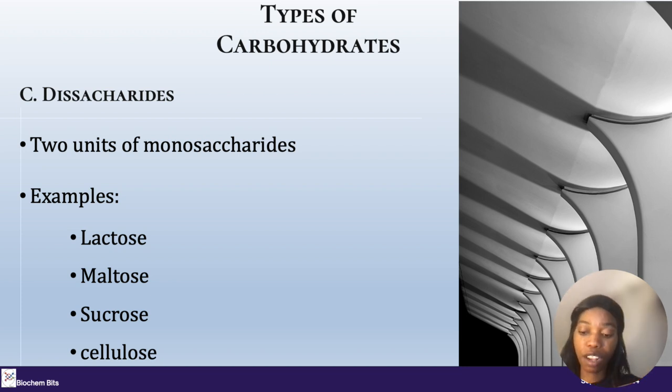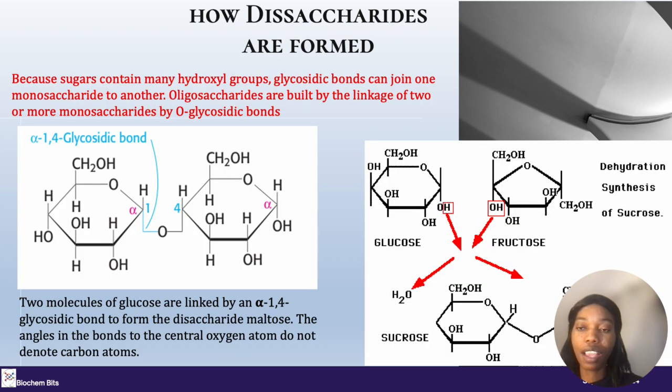But cellulose is more of a complex carbohydrate, though sometimes it starts from the 2 units that make it up. So going to the next one, we have examples of disaccharides and how disaccharides are formed.